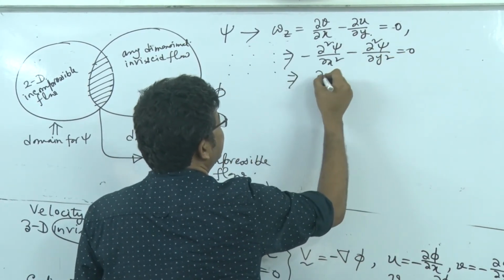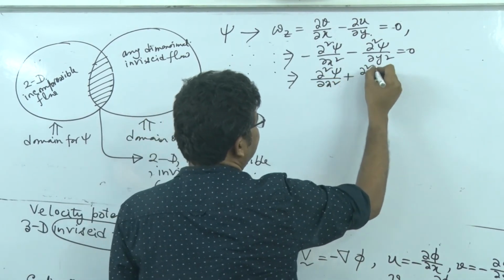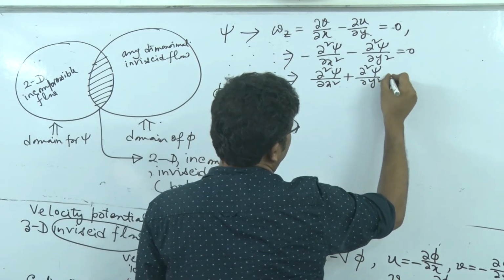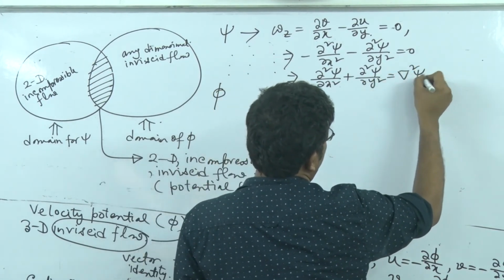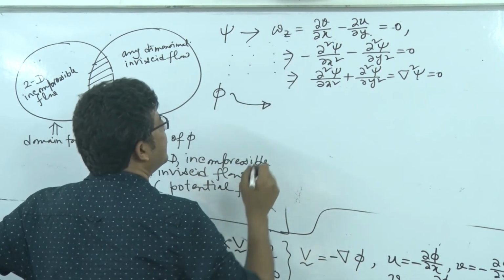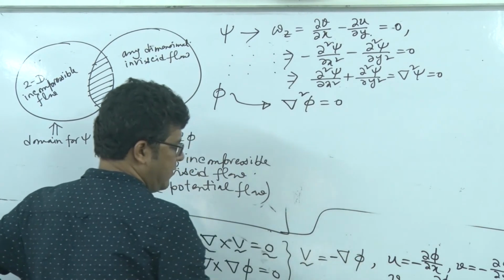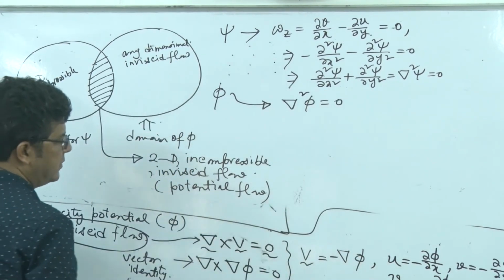So obviously del square xi del x square plus del square xi del y square, the Laplacian of xi, is equal to 0. And phi is also satisfying the Laplacian. Automatically, we have originally proved this.